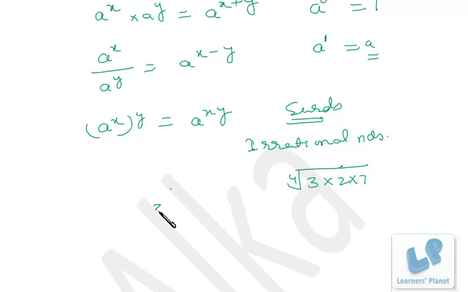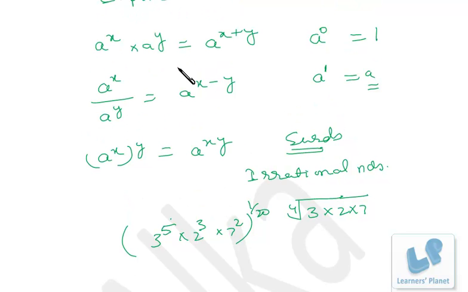Suppose 3 raised to 5 into 2 raised to 3 into 7 raised to 2, and this whole raised to 1 by 20. So this is a surd. These are irrational numbers and they follow the same rules as exponents.